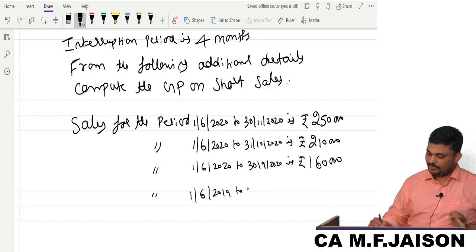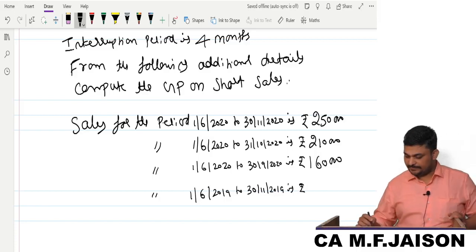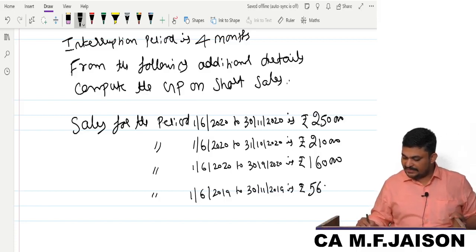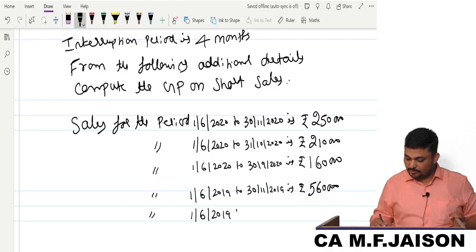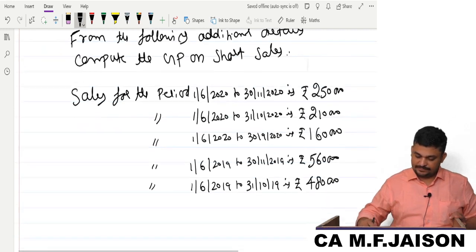Sales for the period 1/6/2019 to 30/11/2019 is rupees 5,60,000. Sales for the period 1/6/2019 to 31/10/2019 is rupees 4,80,000.